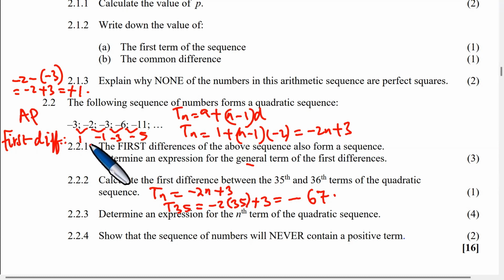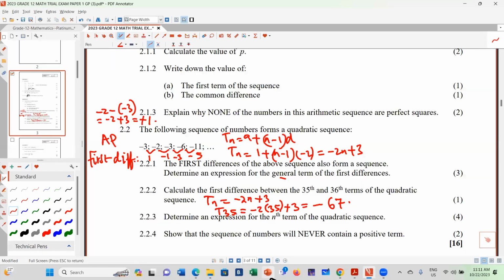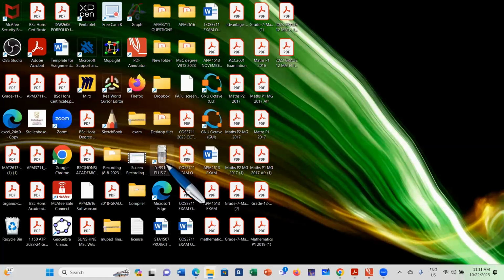Can I use the calculator on the screen? Okay, let me bring a calculator. Just a second. I want to see if this arithmetic is working well or not.